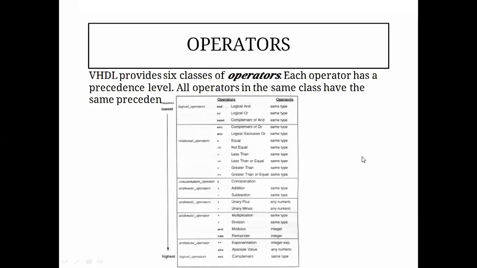Okay, so these are the 6 different classes of operators, and each operator has its precedence level. As I told you, logical operator has the lowest priority, whereas miscellaneous operator has the highest priority.